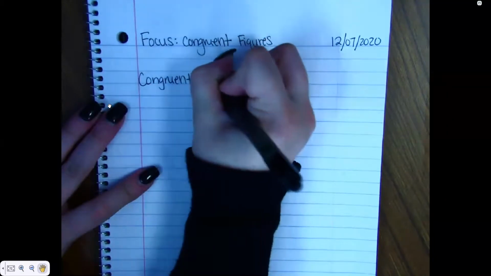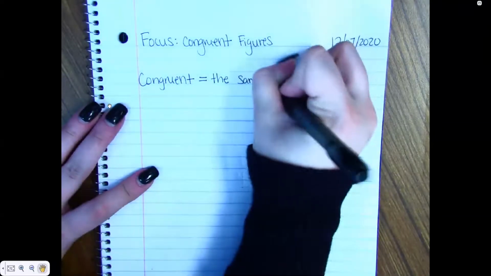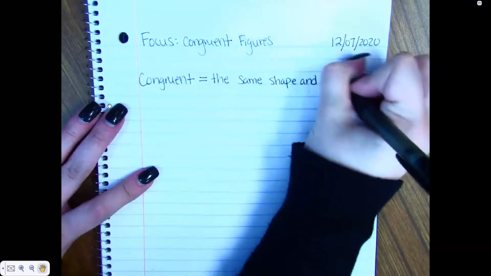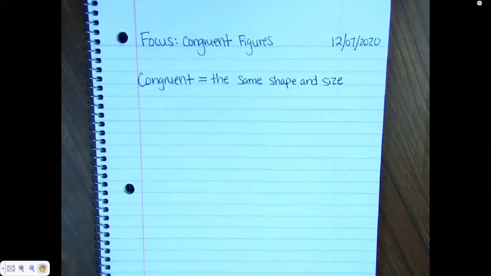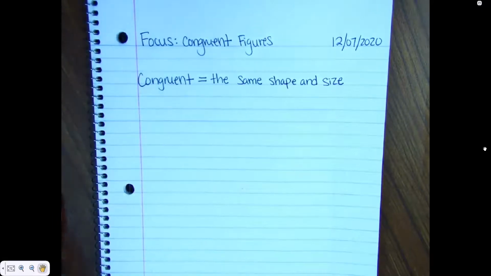And we're going to write down it equals the same shape and size. Okay? In order for something to be congruent, it has to equal the same shape and size.